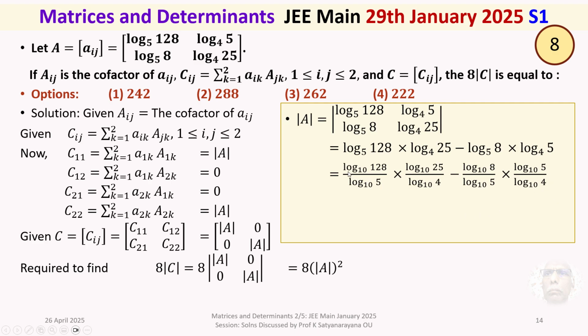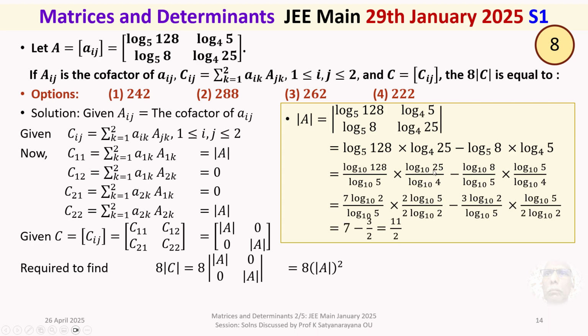Log 128 is 2 power 7, so 7 times log 2 to the base 10, and log 25 is 2 log 5, and log 4 is 2 log 2. Like that we have written.